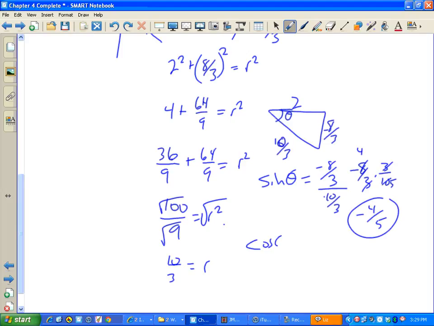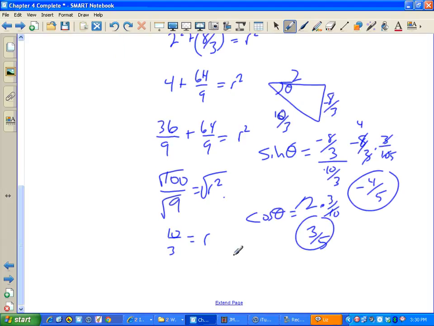Okay, if I want the cosine, I'm going to take adjacent over hypotenuse, 2, multiply by the reciprocal, cross reduce, I get 3/5. Okay, the tangent, opposite over adjacent, -8/3 divided by 2 is the same as multiplying by 1/2. Cross reduce, so I get -4/3.